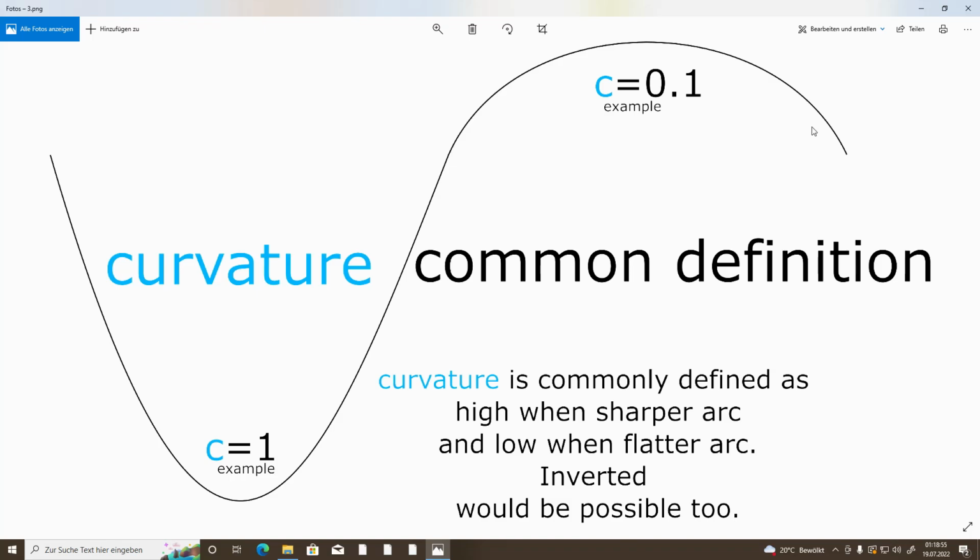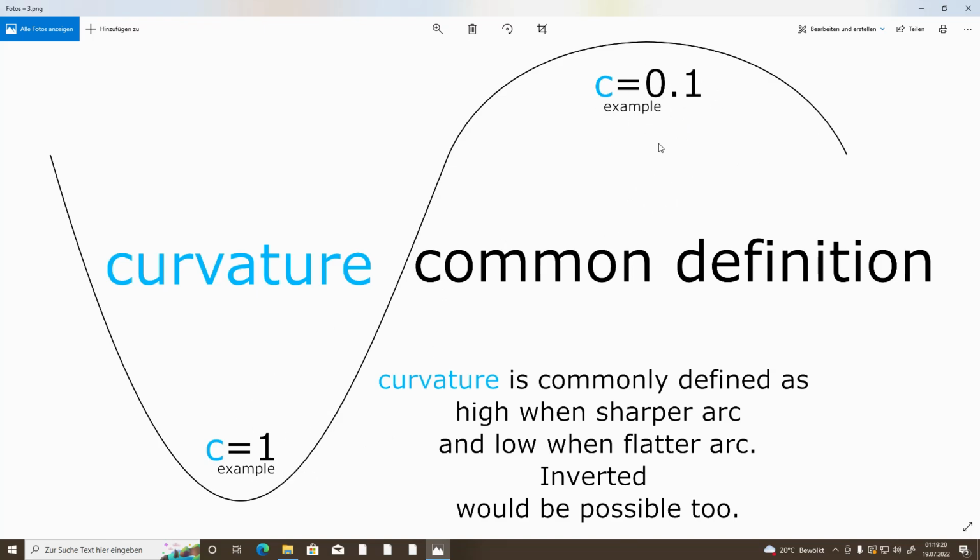If you want to invert it, it's your choice, and you just need to adjust your other stuff too, because normally people do this with sharper being a higher value and less sharp a lower value.